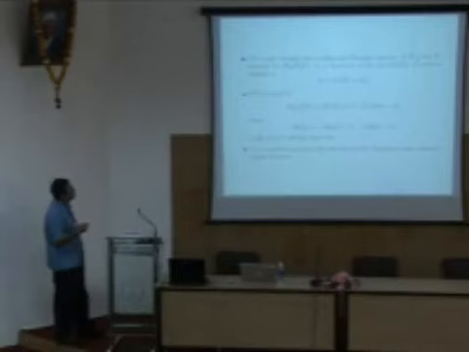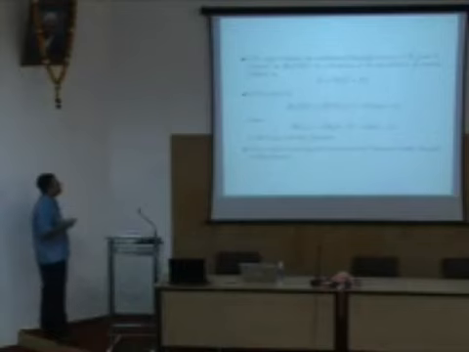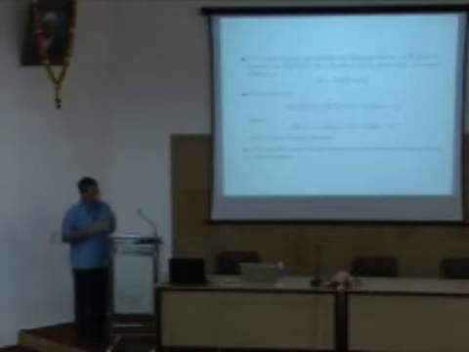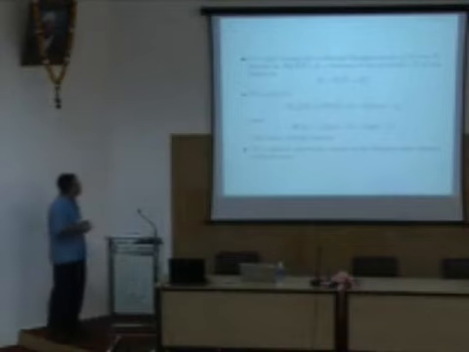You have the conditional entropy of x given y, that's upper bounded by the binary entropy function of p sub s, where p sub s is the probability of success, plus 1 minus p sub s times the log of n minus 1, where n is the cardinality of the set on which x takes values.